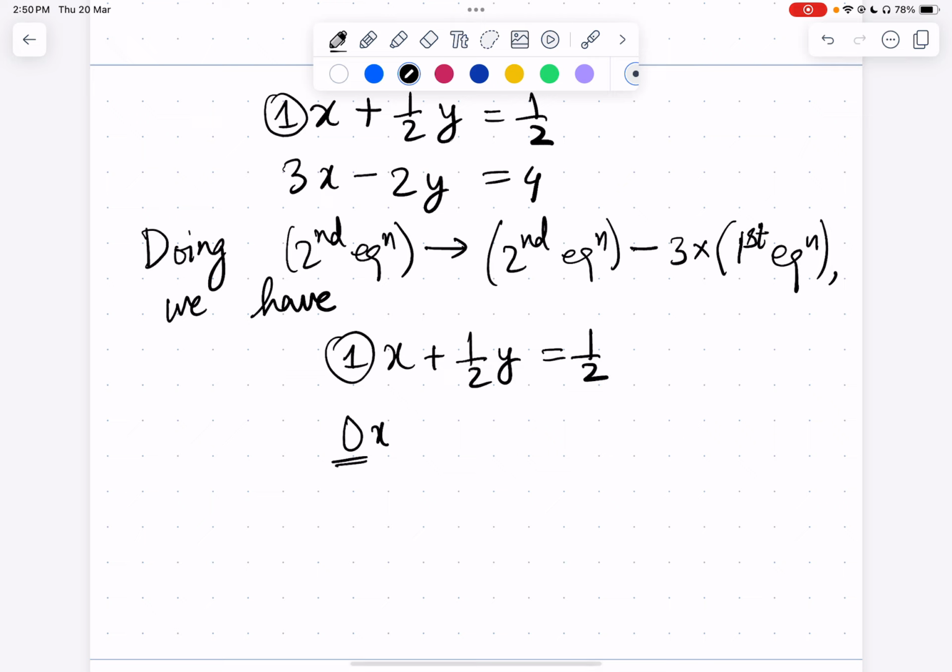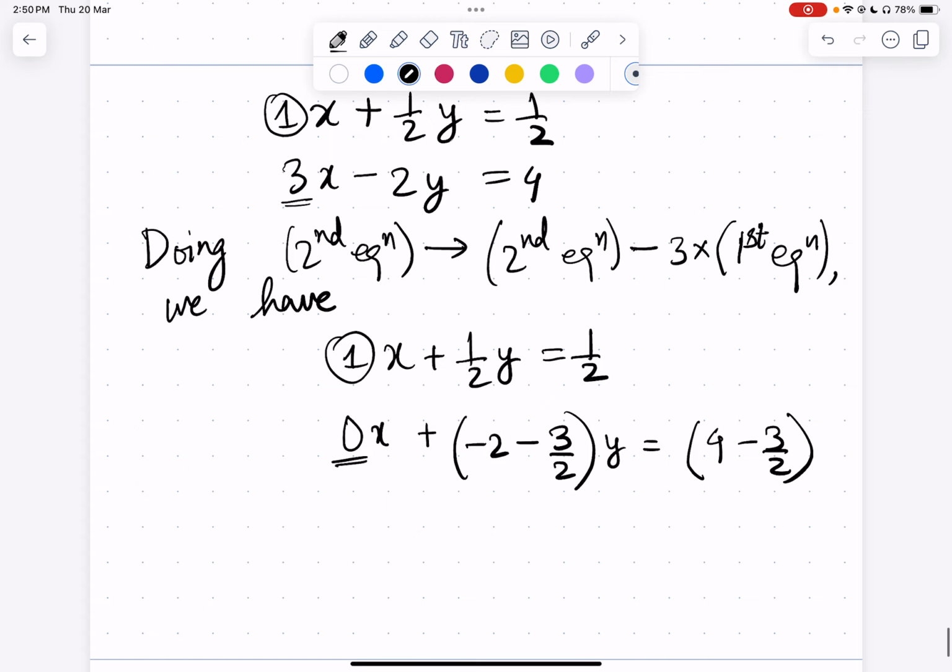So we change the 3 to a 0, and plus, let's see, minus 2 minus 3 by 2, right? Minus 7 by 2 y equals 4 minus 3 by 2.